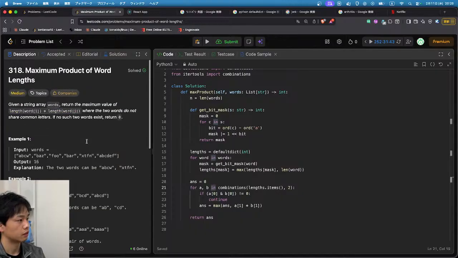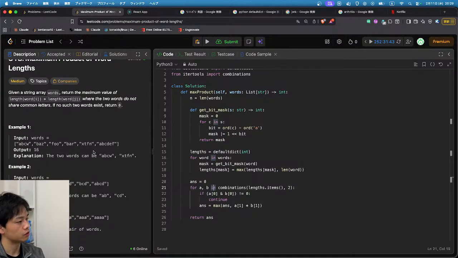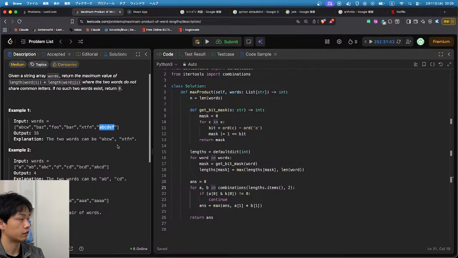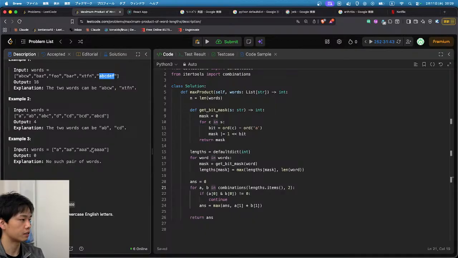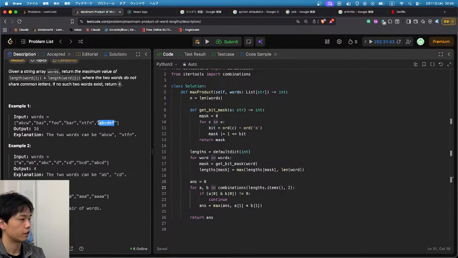When we check the condition, that the two words do not share common letters, we have to look at the letters one by one, basically. And it might be 1000, but there are 26 kinds of characters, so we can reduce it.